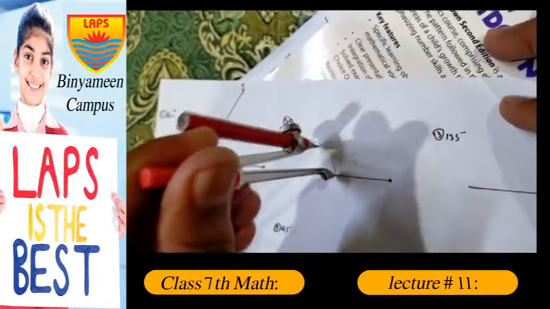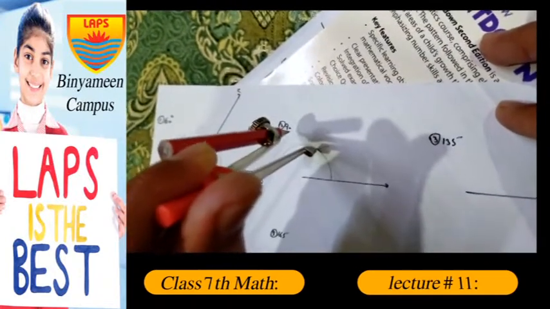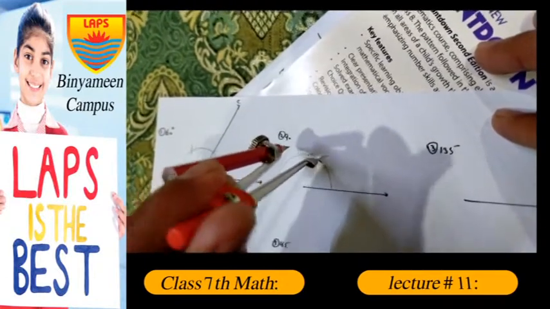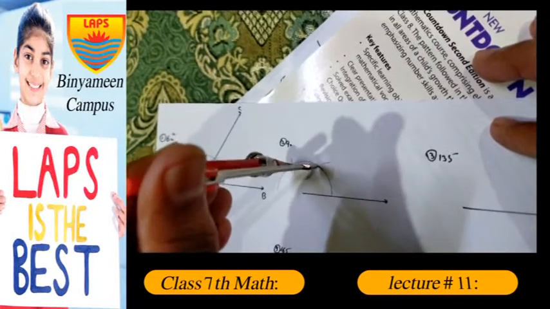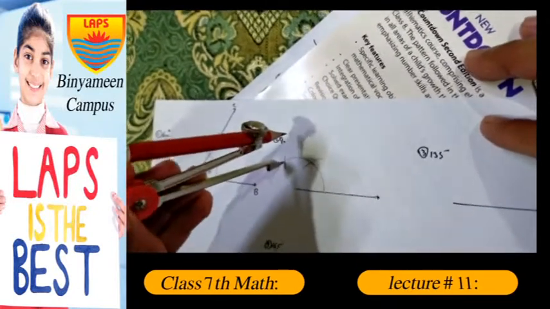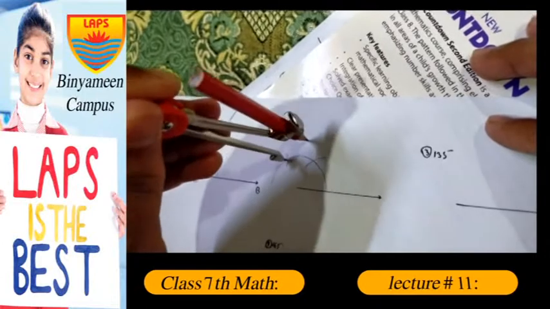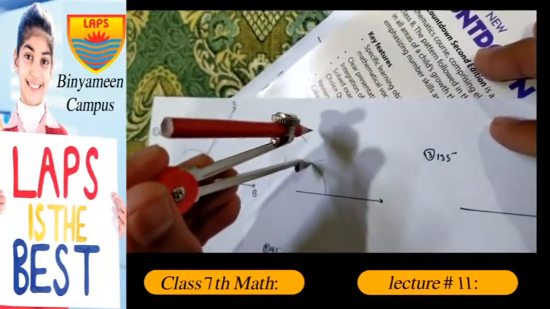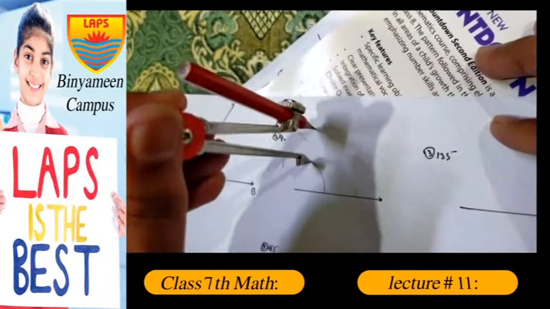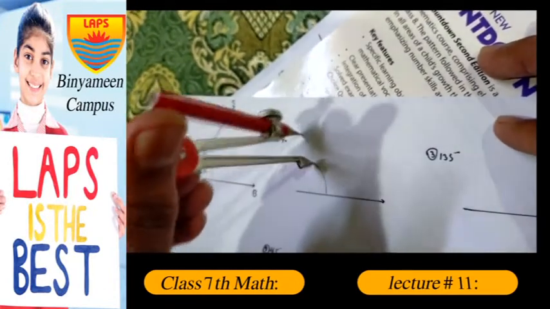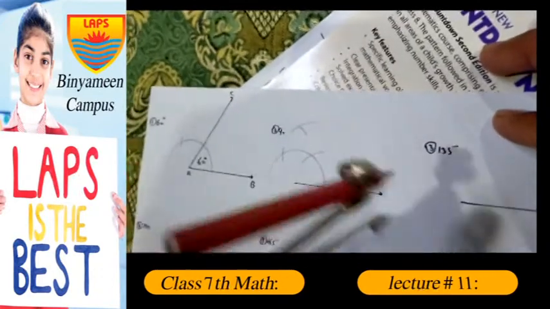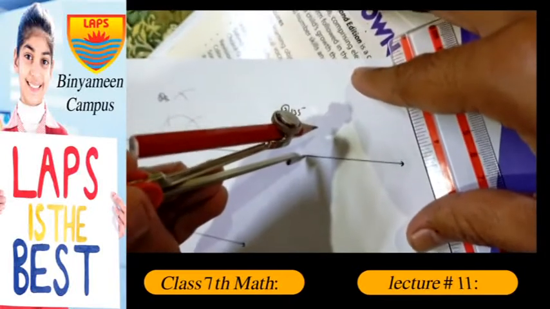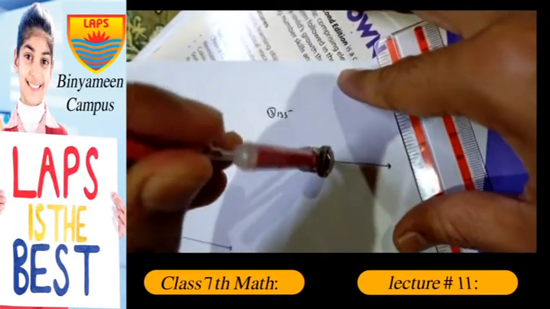Take the first arc, then second. Then cut the side arc with the help of the first arc. Then again draw the same, you draw the same radius.